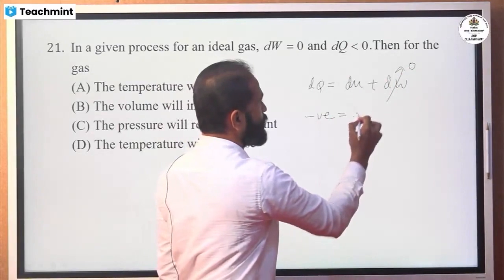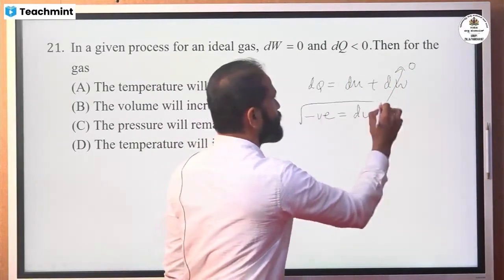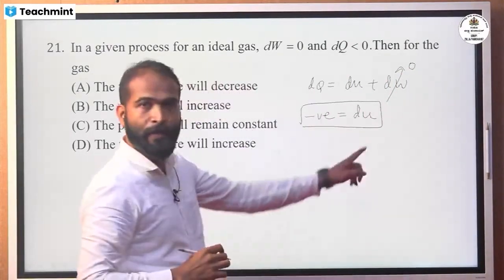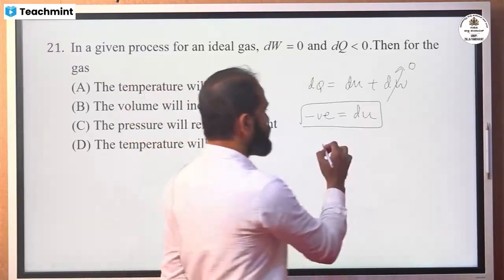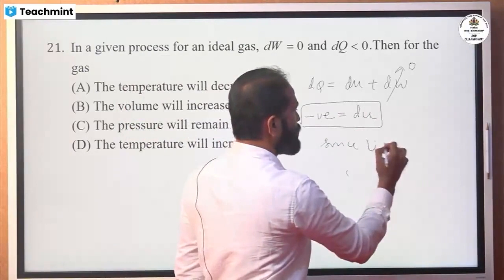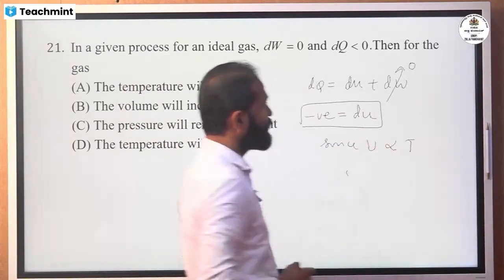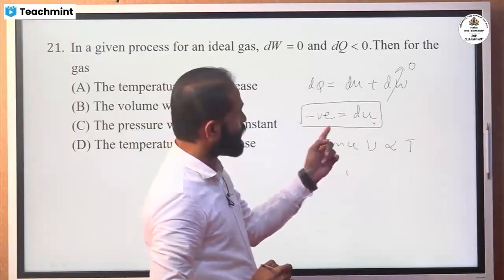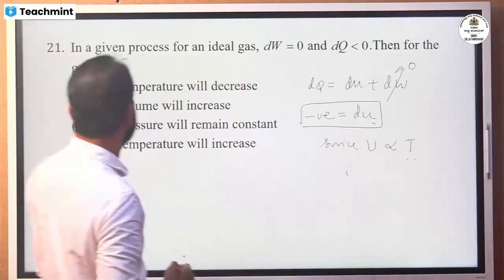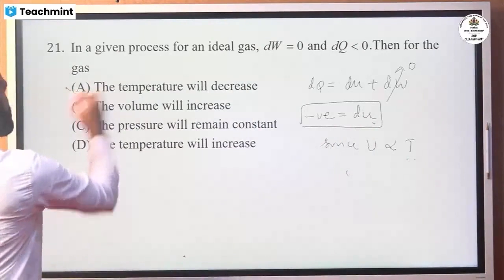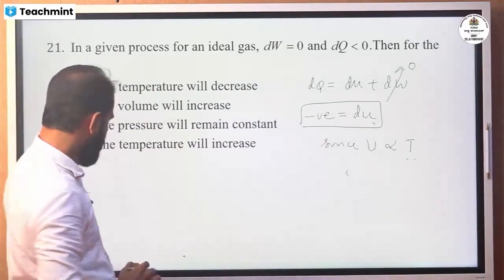So dU also becomes negative. The change in internal energy is negative, meaning internal energy has decreased. Since internal energy is directly proportional to temperature, the temperature is also going to decrease. So that gives the correct option as option A.